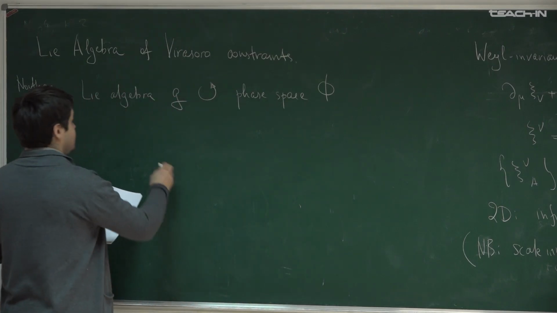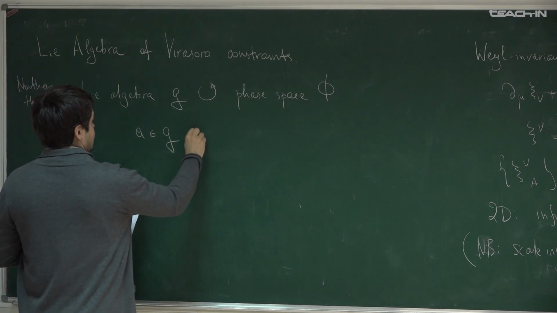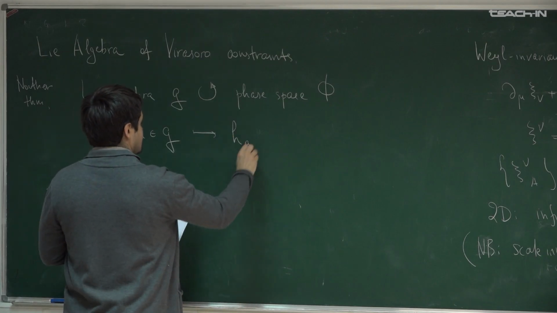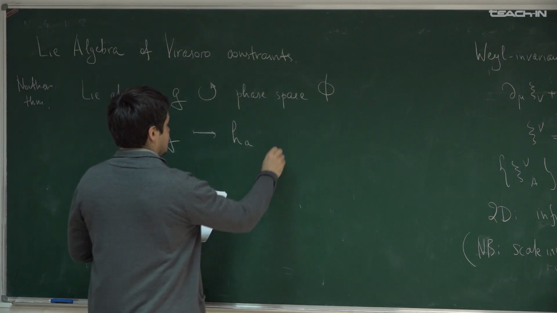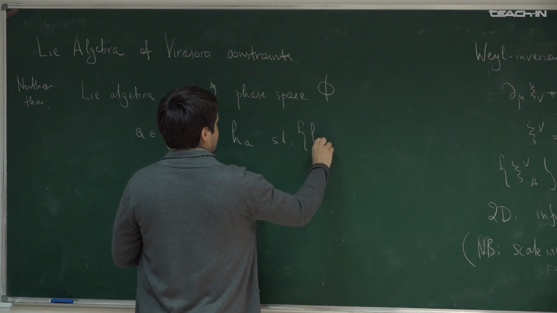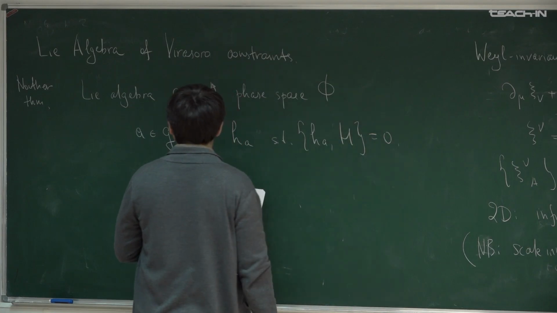Then to each element A of the Lie algebra, there corresponds some function H_A such that the Poisson bracket of H_A with the Hamiltonian H is 0, right?